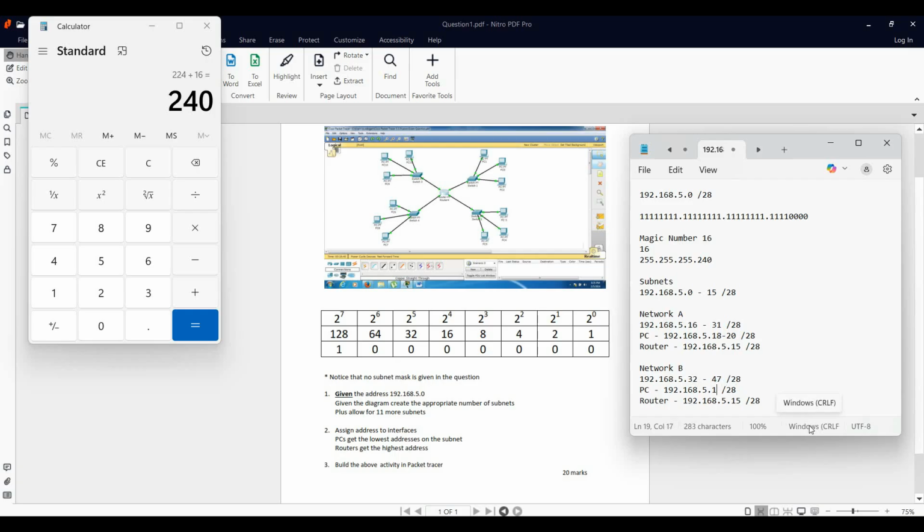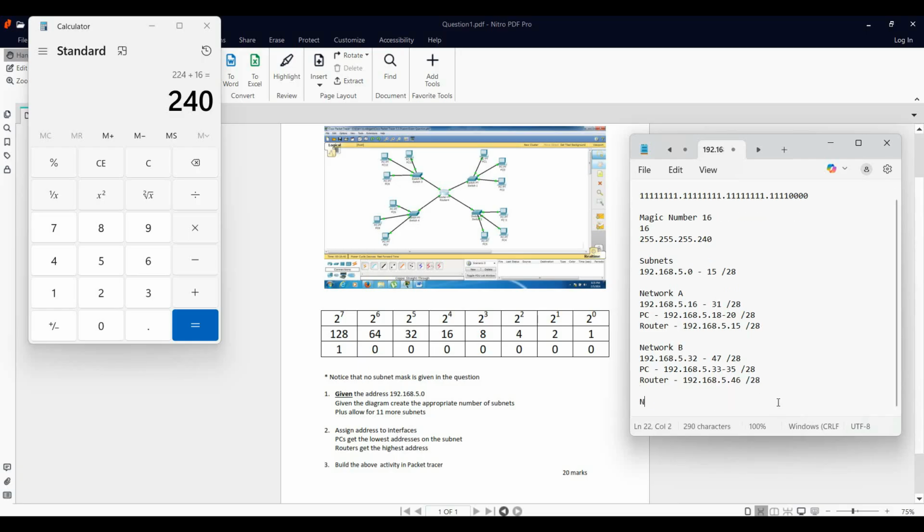The very first address would be 33, so the PCs would be 33, 34, 35, and the router's address would be the highest number, which would be 46, the last available number.